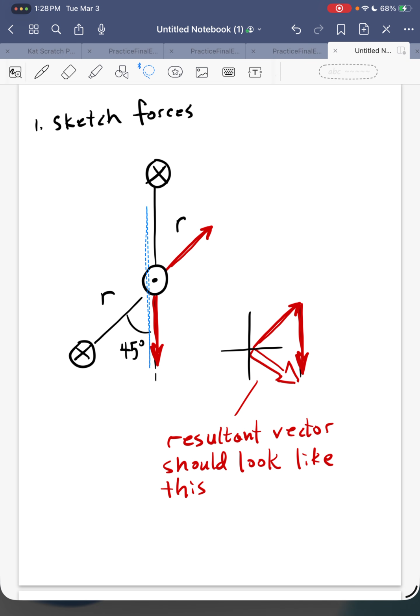Now if I want to graphically add the vectors to get a rough idea of what's going on, I just pick one of the vectors. Let's say I pick this one, and then I line it up at the origin over here. So I take that vector and put it there. And then I take this second vector and line its tail up with the tip of the first vector. So I add them in a chain. So I get something that goes like this, and then something that goes like this.